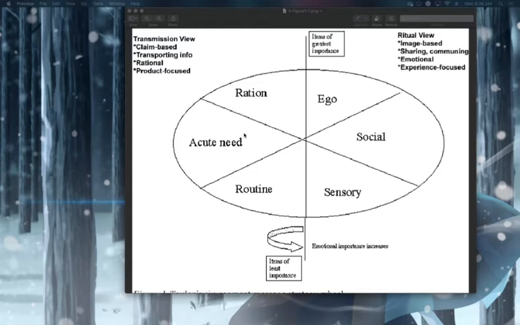I bring that up mainly because I've seen influencers talk about this when it came to the toilet paper shortage we had during COVID. So anyway, it's just an interesting thing to talk about when it comes to what is the rational argument, what is our claim base we're using here.